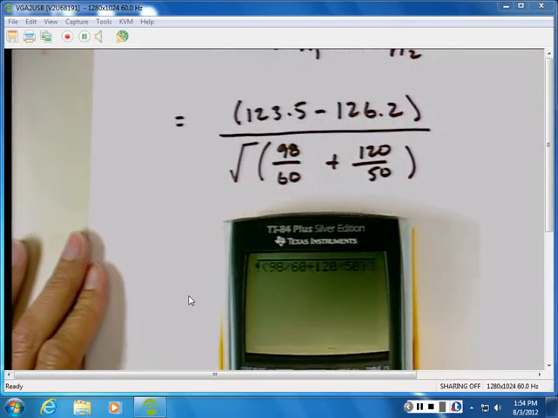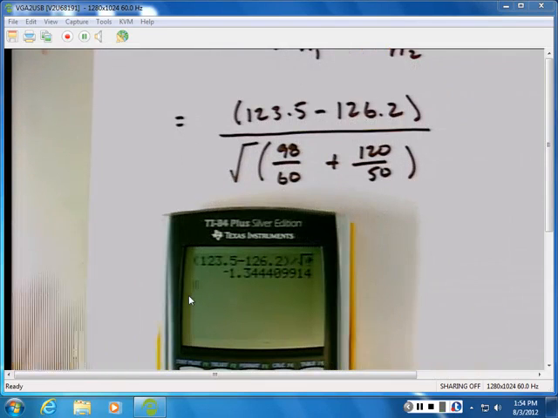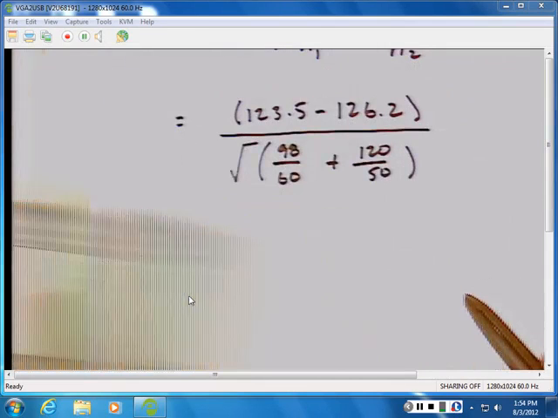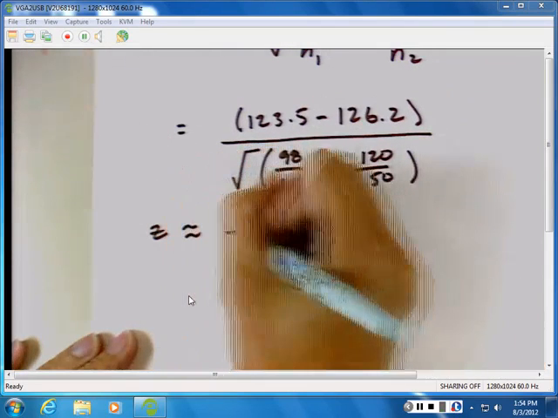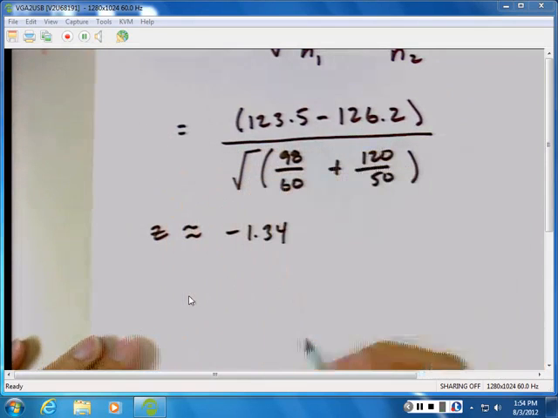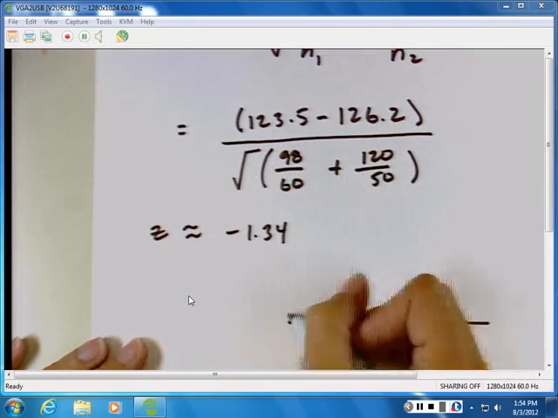Close parentheses. And there's my critical z-score, I'll call that negative 1.34. So let me pull this off. My test value is about negative 1.34.